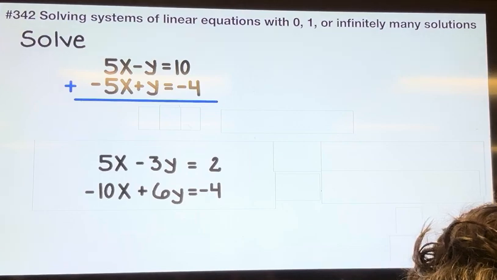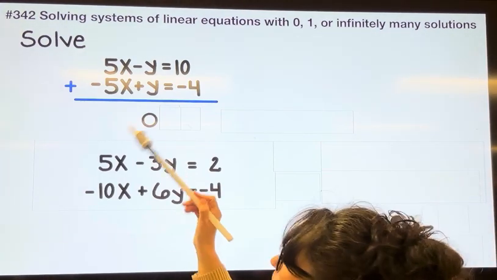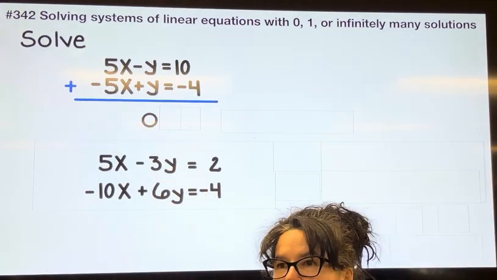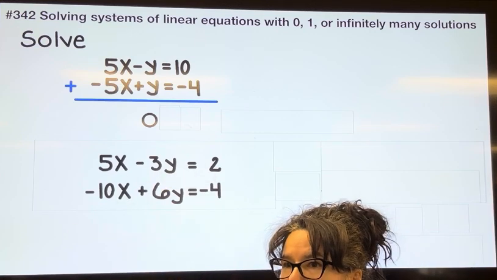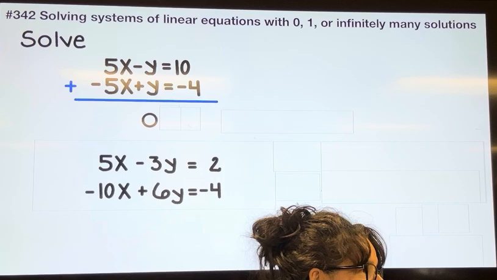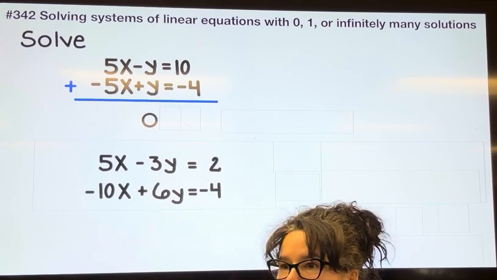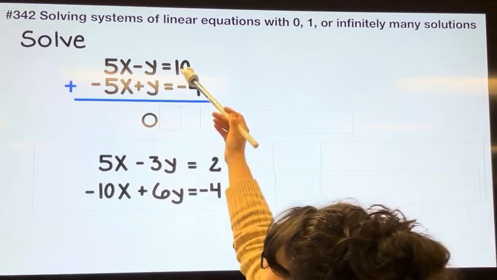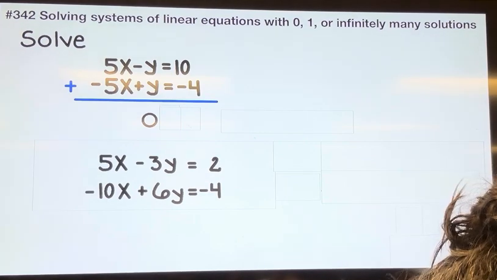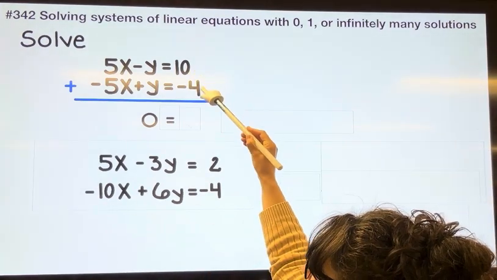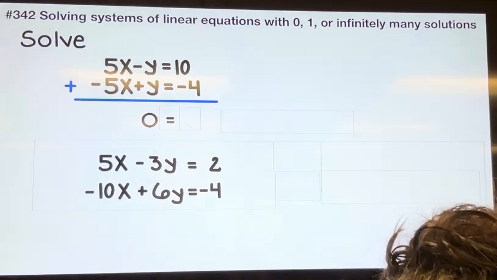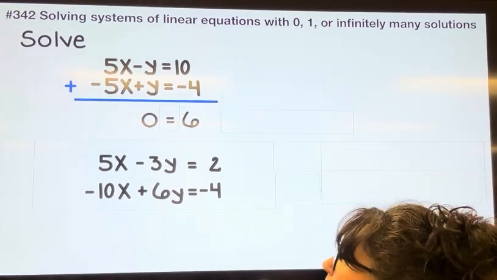Do you see that we were expecting only the x's to drop out or only the y's to drop out, but both dropped out? That's the signal that you have a special case. I'm going to bring down the equal sign. And then 10 minus 4 is 6.